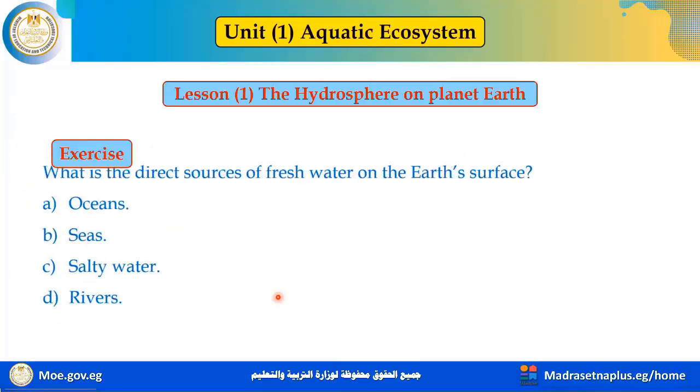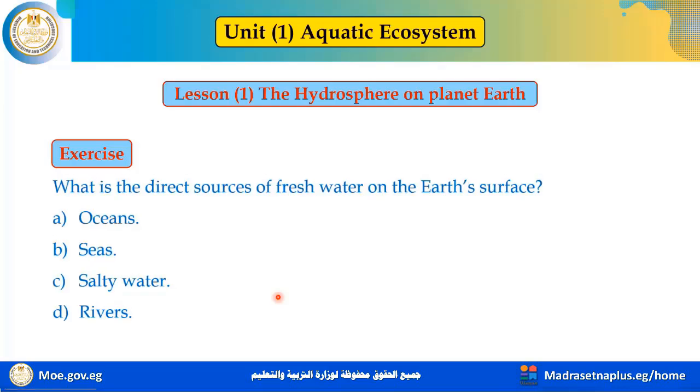Another question. What are the direct sources of fresh water on the Earth's surface? Oceans, seas, salty water, rivers. Excellent. Try to think deeply and please leave everything in your hand and concentrate with me. I hear somebody say, yes, rivers. The right answer.